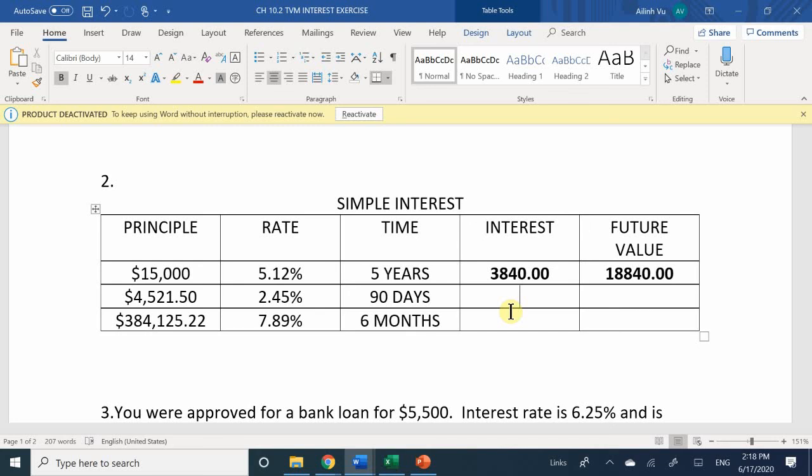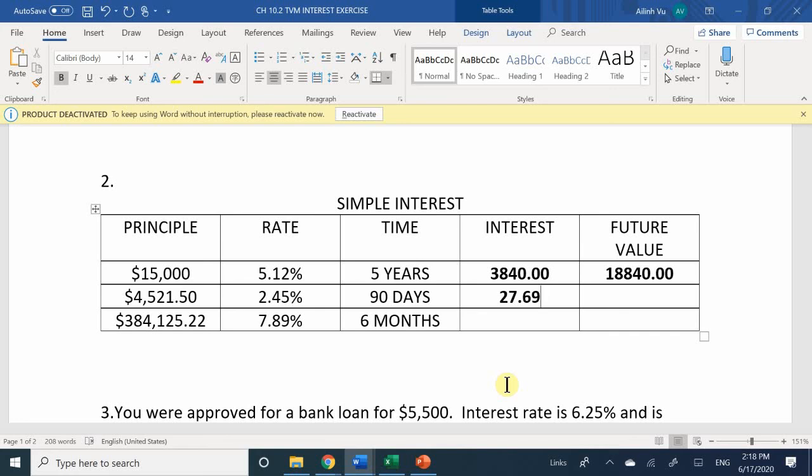Okay, so I've got $27.69. I'll do that again just to make sure. 4521.5 times 2.45% equals $110.78 times 90 days is a quarter of a year.